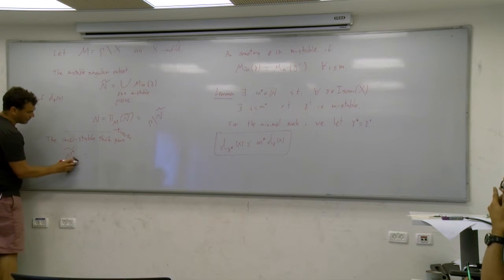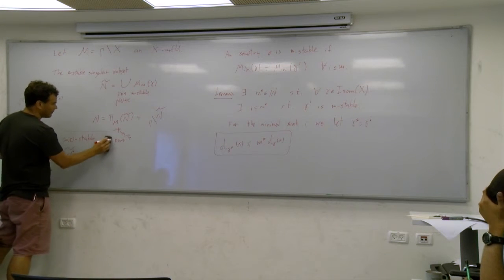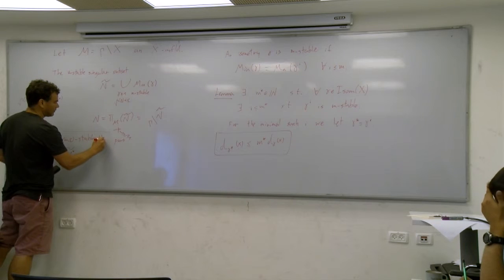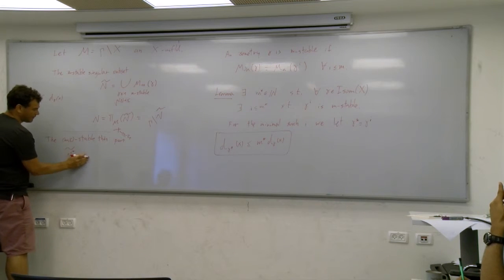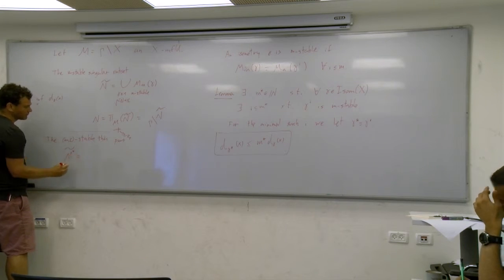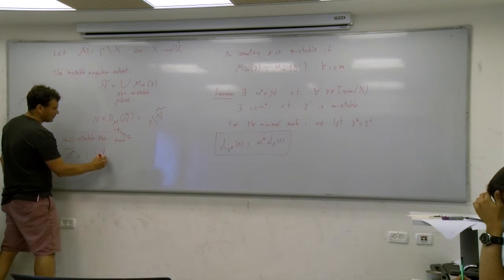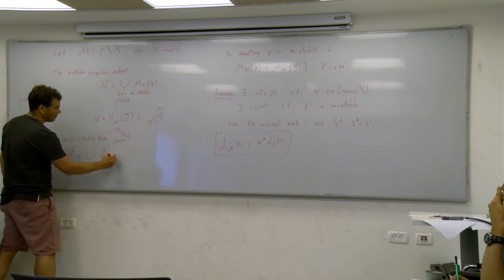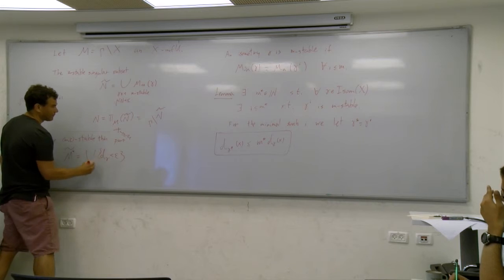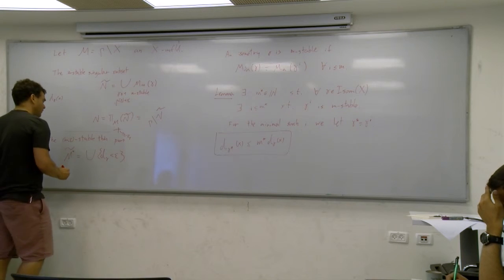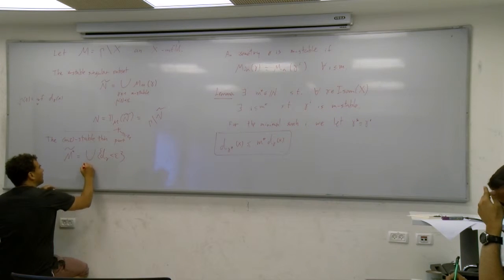Let's define the thin part first. The m epsilon stable thin part is the union of all t gamma less than epsilon, such that gamma is not 1 and gamma is m stable.